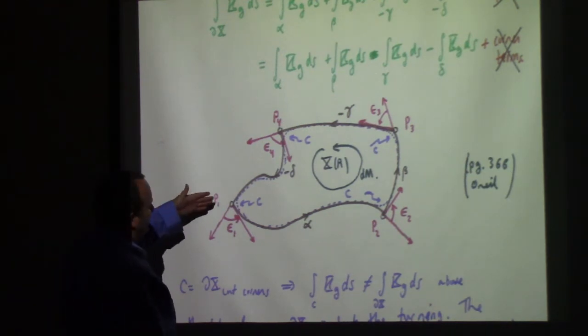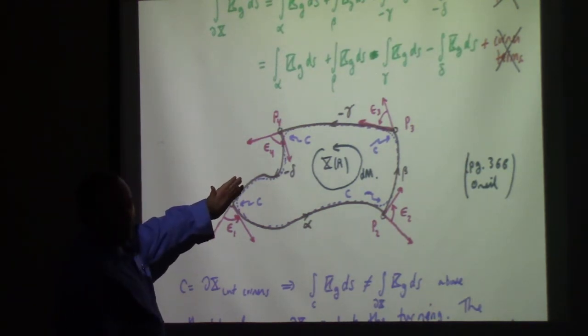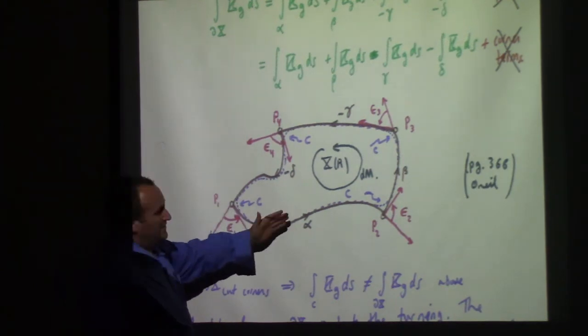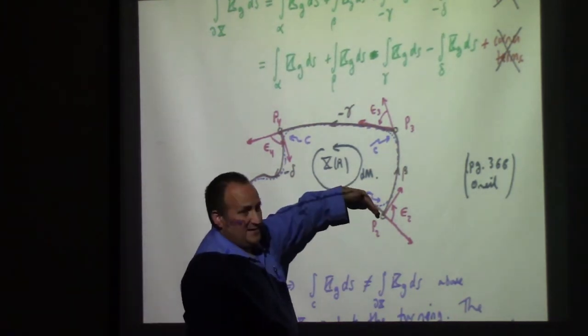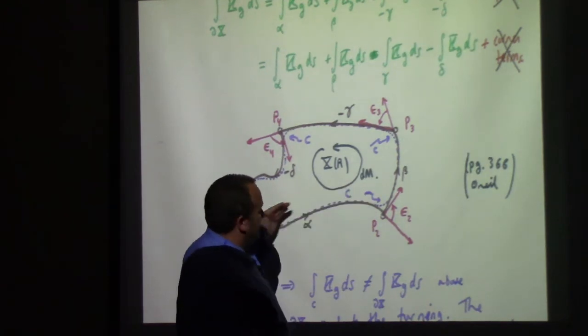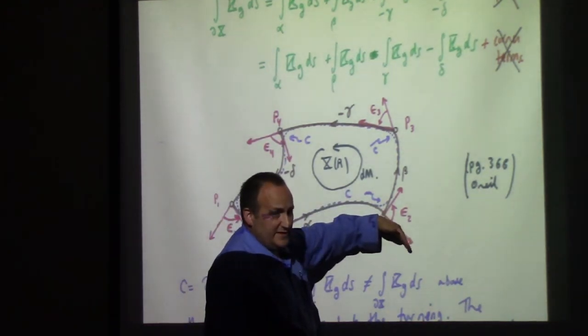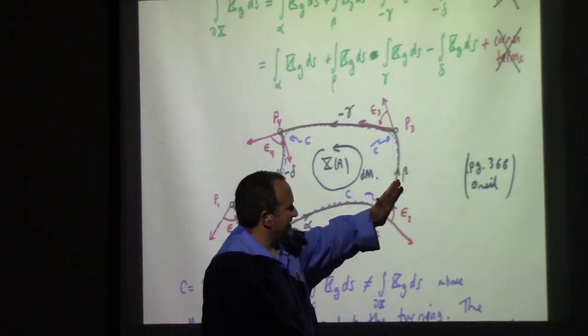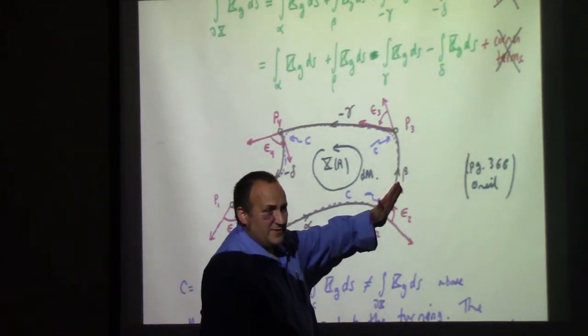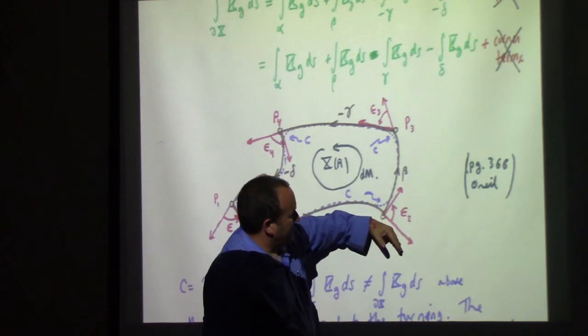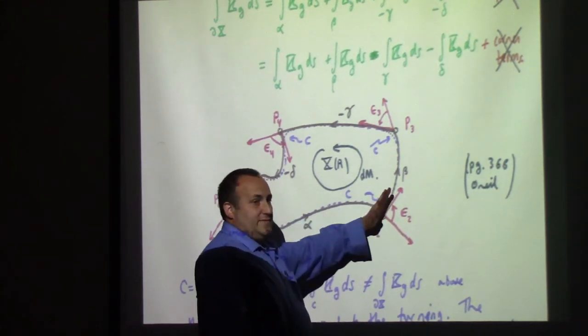You see the tangent direction just abruptly changes at these corners, right? Like going from alpha to beta. The tangent direction at the end of alpha is like this. And then what's the tangent direction at the start of beta? It's like that. Right? There's this swinging of angle epsilon 2 like that.